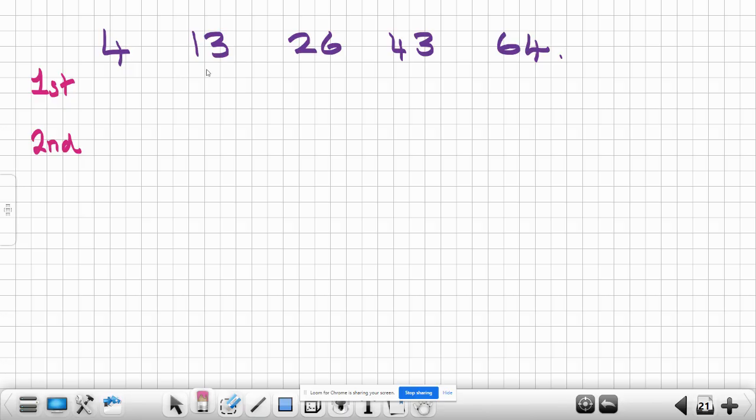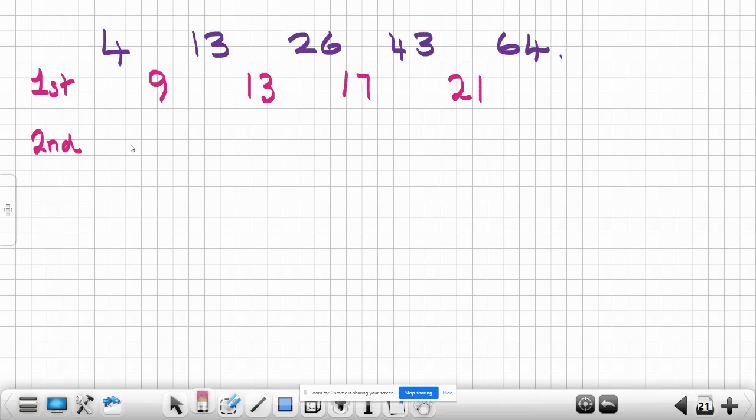From 4 to 13, that's gone up by 9. 13 to 26 has gone up by 13. 26 to 43, that's 17. And 43 to 64 has gone up by 21.